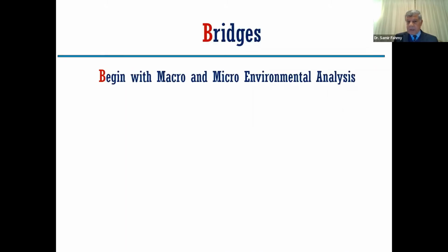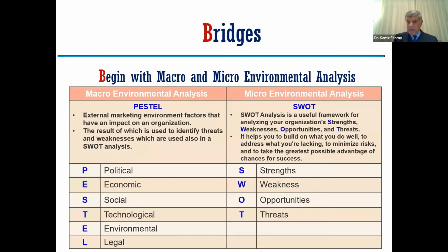So if you would like to highlight what we have done or learned with the macro and the micro environmental, we have the acronym for the macro environmental. It's called PESTEL. PESTEL stands for P for political, E for economic, S for social, T for technological, E for environmental, and L for legal.